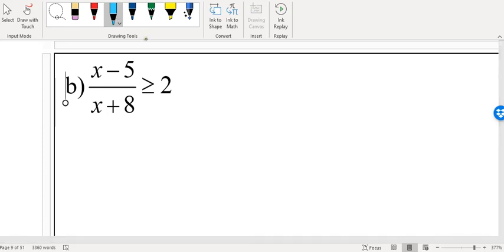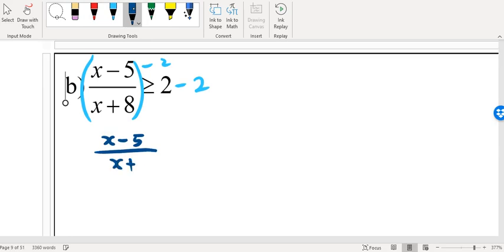This is positive 2, so it will be minus 2. So x minus 5 over x plus 8 minus 2, and 2 minus 2 is 0. Do remember this is over 1, right?